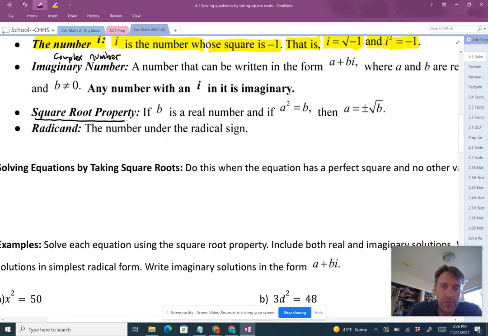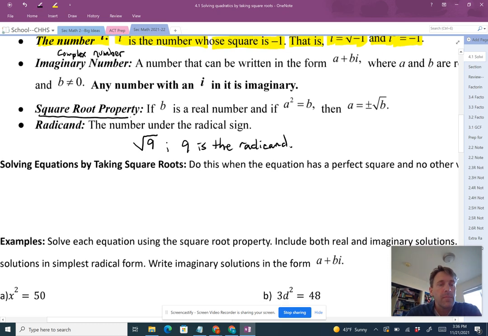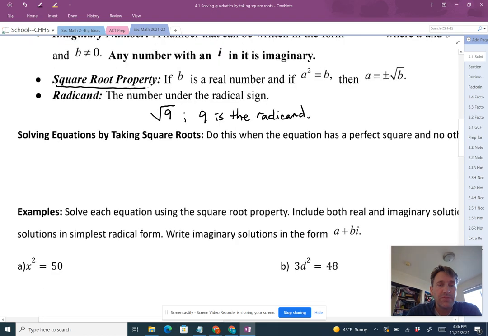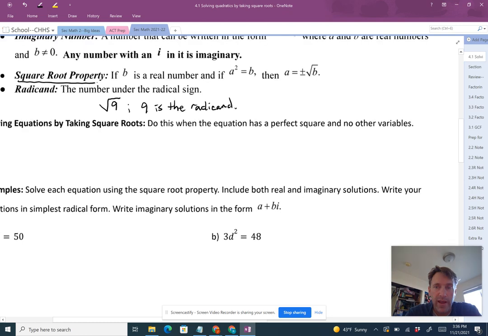So the square root of 9 in this case, 9 is the radicand. So we solve equations by taking square roots when the equation has a perfect square and no other variables.